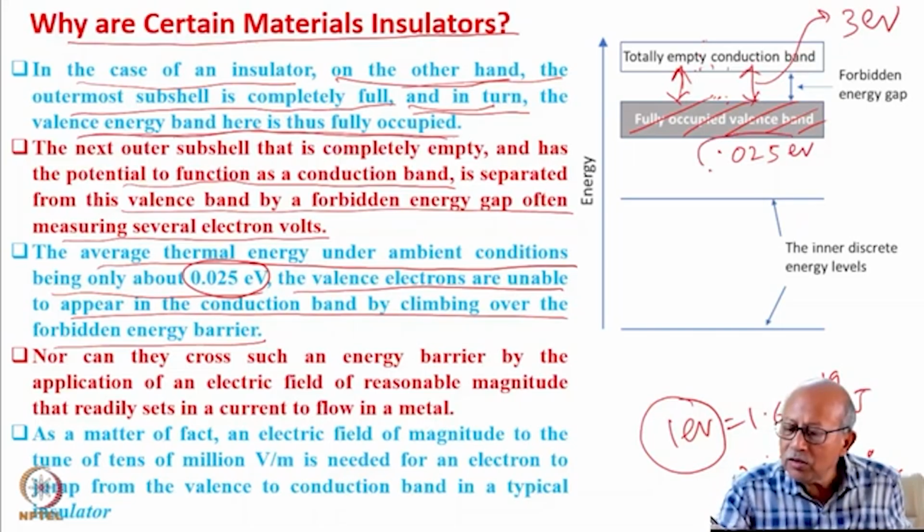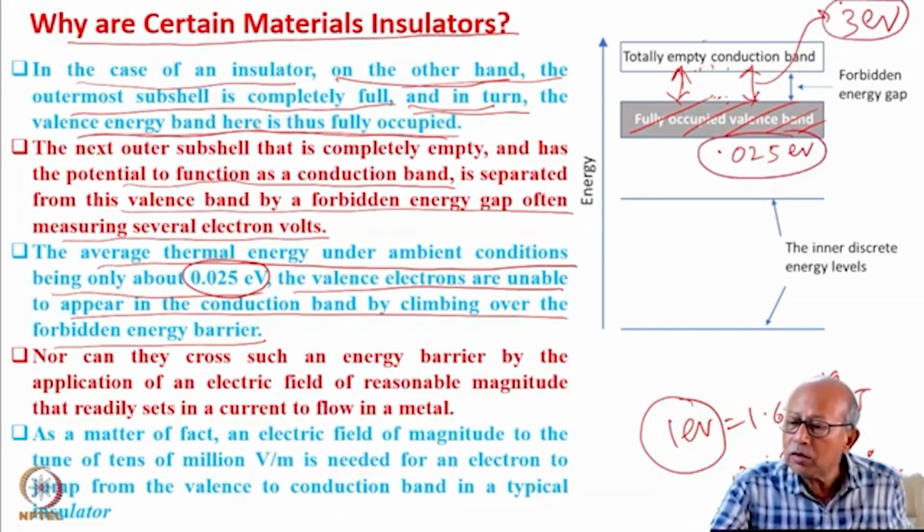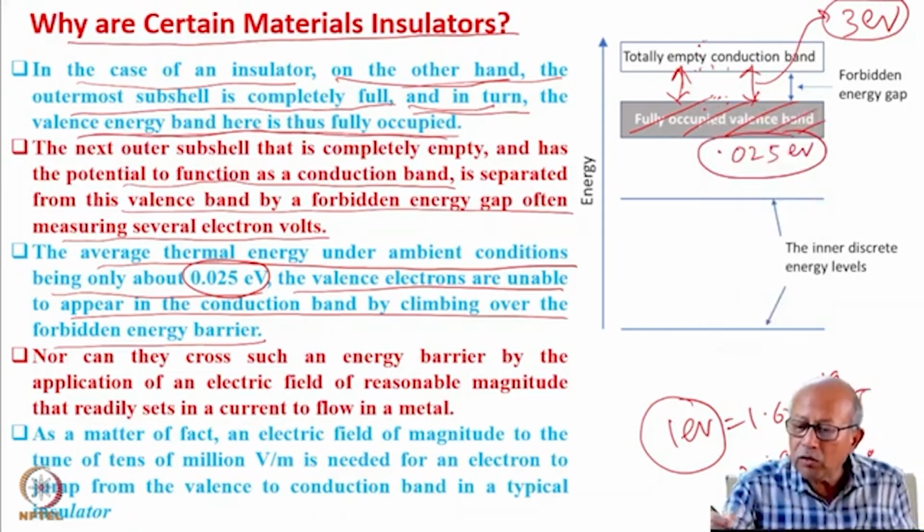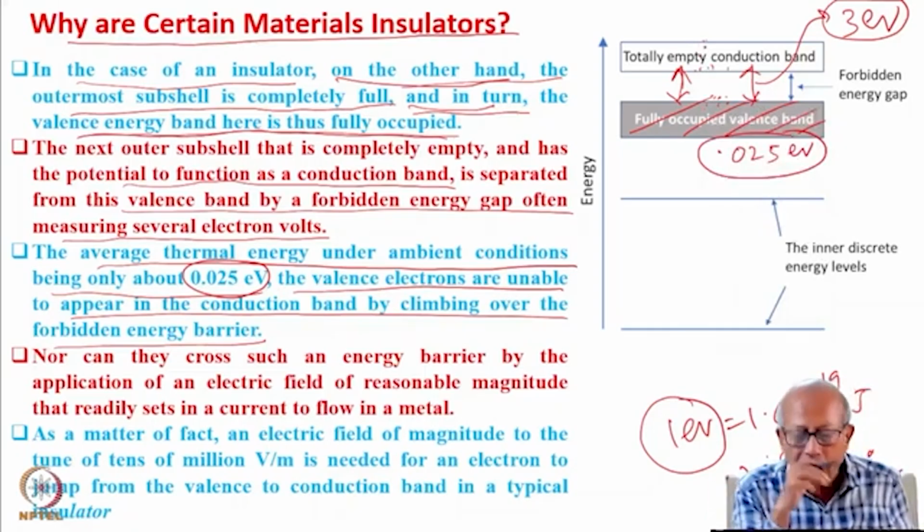So this energy is much too less compared to this. So with thermal energy, the electrons from the valence band cannot cross this barrier and reach the conduction band.